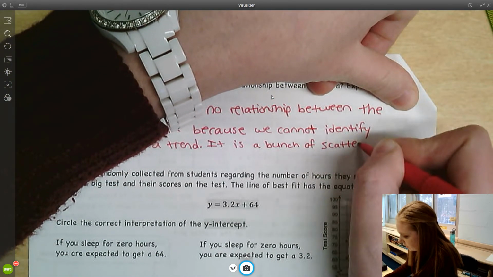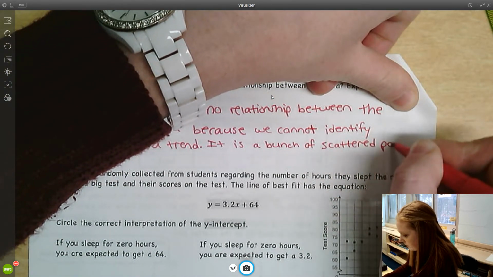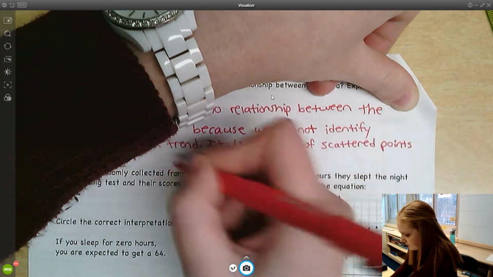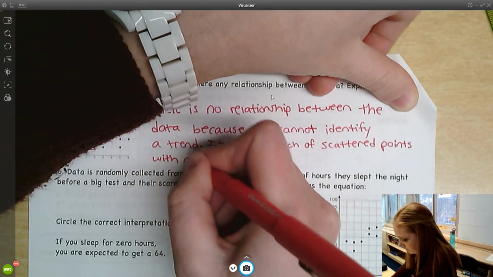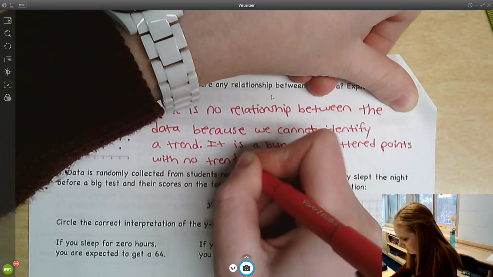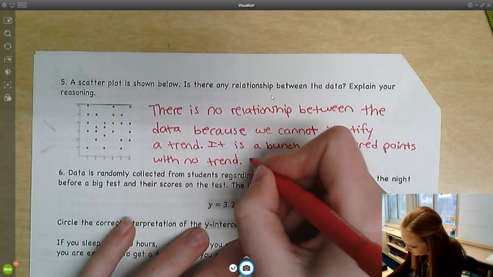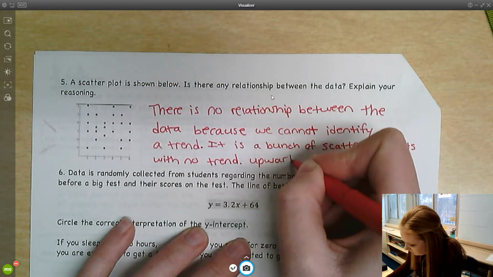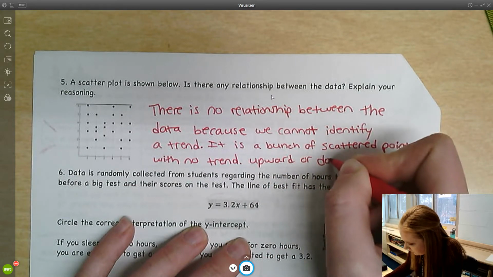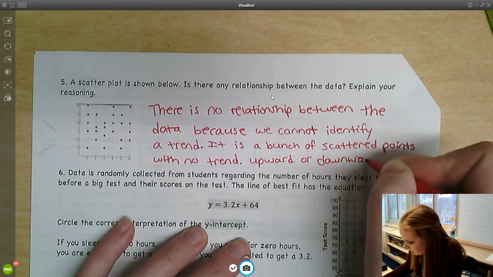It is a bunch of scattered points with no trend upward or downward.